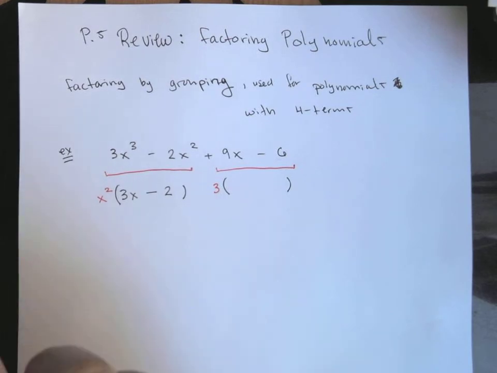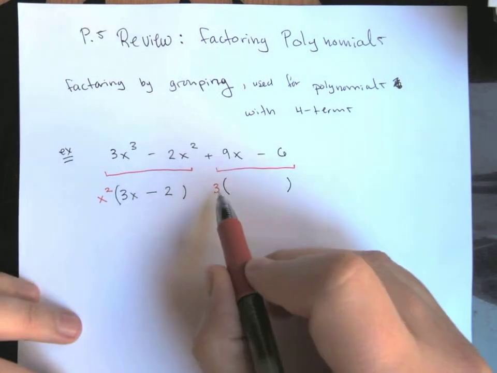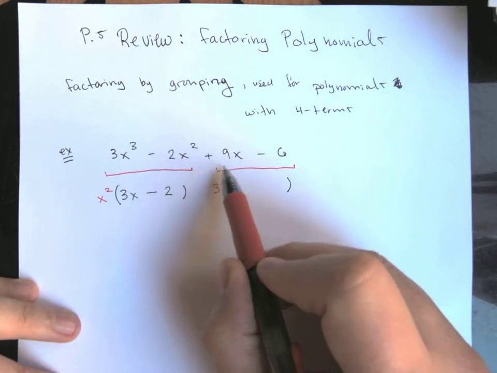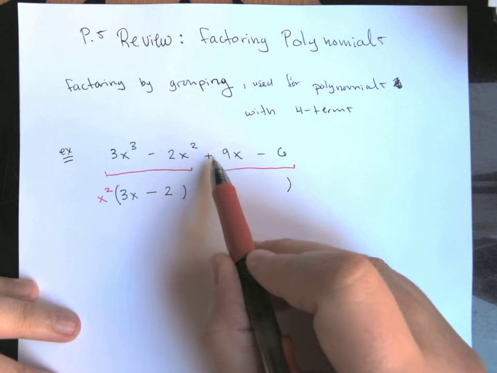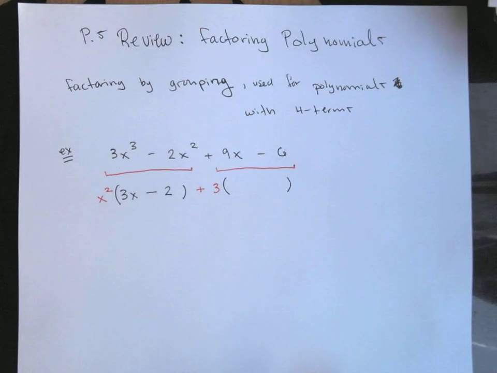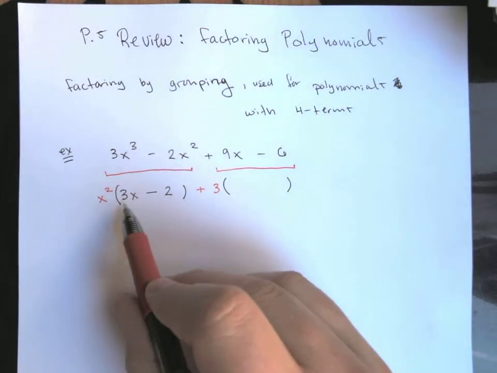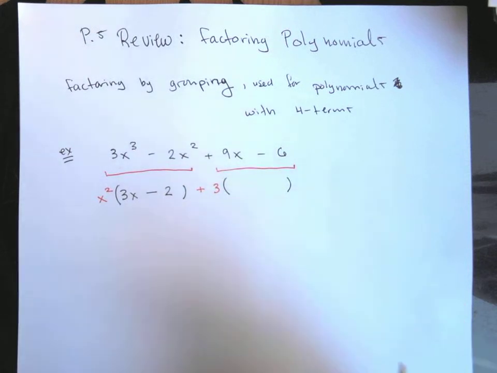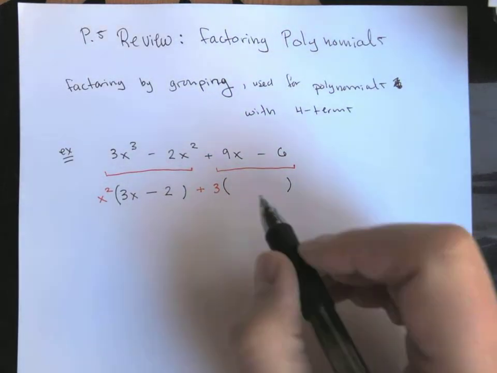We need to decide on the sign of this 3. My general rule is if this third term is a positive term, so positive 9, let's pull this out as a positive 3. I think for the most part that works pretty well. The goal is to get whatever's in your parentheses here and here to be totally in sync, numbers but also signs.